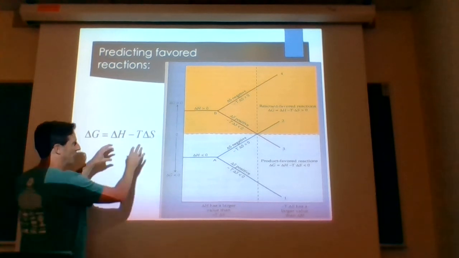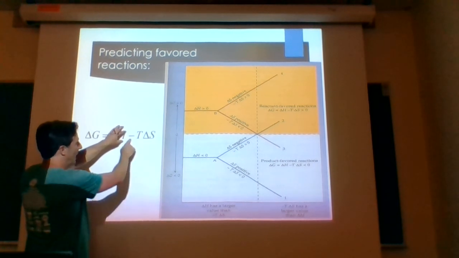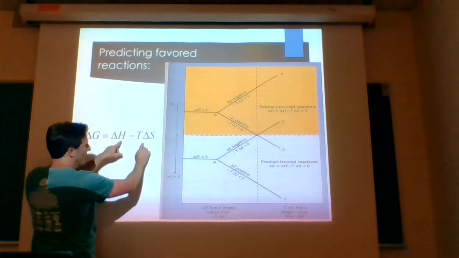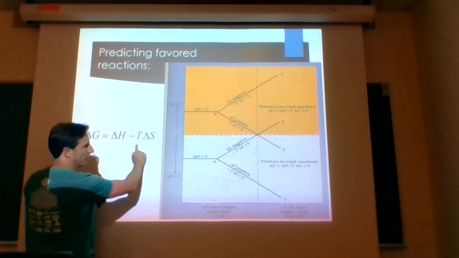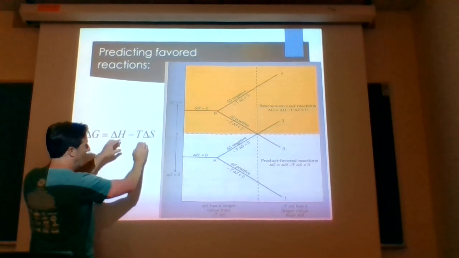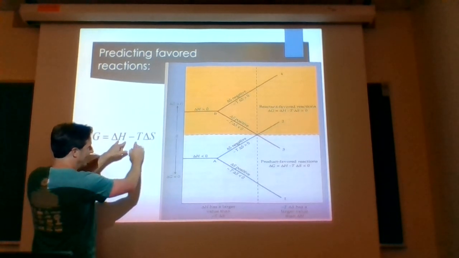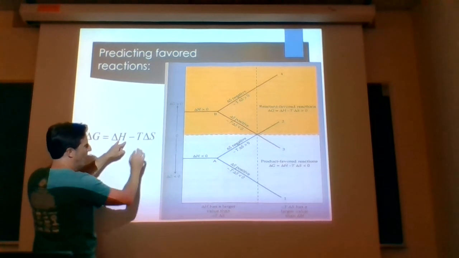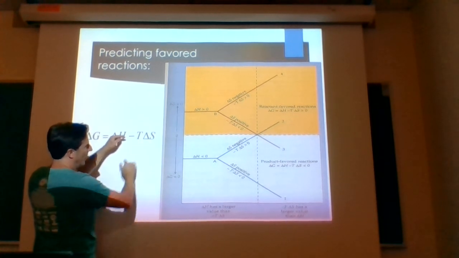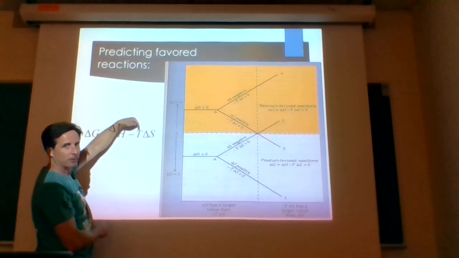Well, I kind of have to look at the values. Positive minus a positive, in order to get a negative answer, I would need this number to be bigger. If both values are positive, I need to be subtracting the larger value over here. How would I make this number get bigger? I would have to have a high temperature.